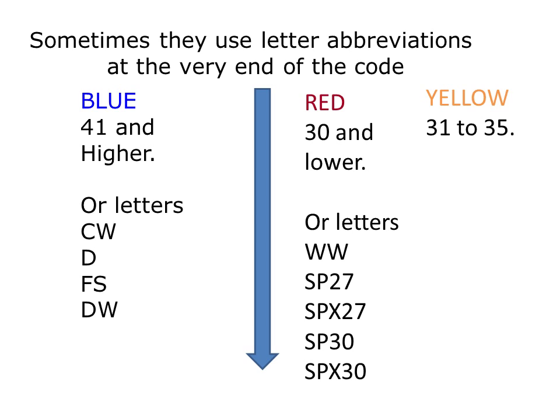Letters WW, SP, SPX, SP30, SPX30, and different numbers that come after the SP and SPX, those will tell you that those are special phosphors. That's what the SP stands for. And special phosphors is just the fancy name for dirt or minerals that coat the inside of a tube.